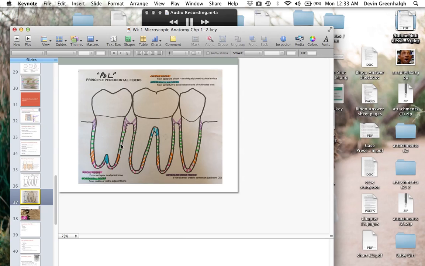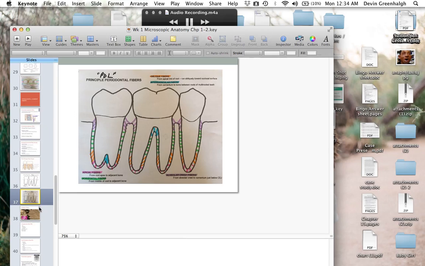You have interradicular fibers, which join cementum to bone only between the roots of multi-rooted teeth, and oblique fibers, which go obliquely from the apical third of the root to the occlusal surface. And these are the most plentiful. That's important to remember. Which fiber group is most plentiful? Oblique, oblique, oblique. Apical fibers are from the root of the tooth, the apex, to the bone.